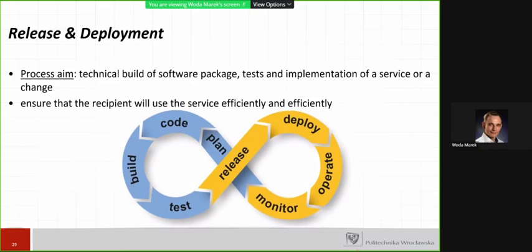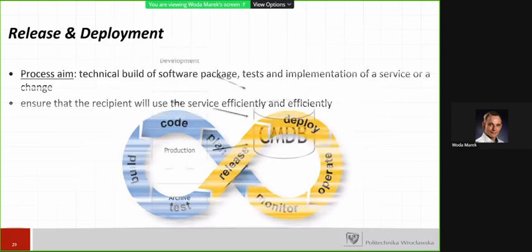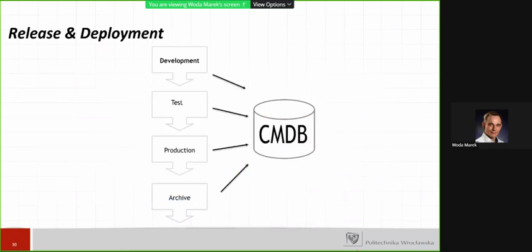So again we sit behind the computer and code something, then build a new release, test it, and send it to the customer. This is the main idea behind the release and deployment process. And the release and deployment process also relies on the CMDB. So not only configuration items or knowledge articles are in the CMDB, but also the following elements of the code.